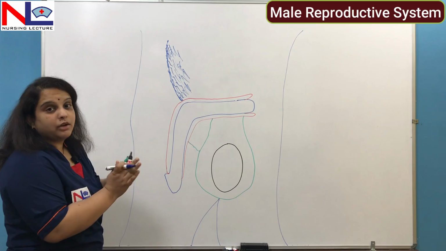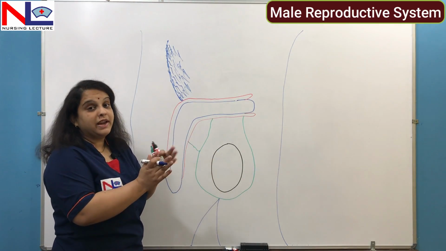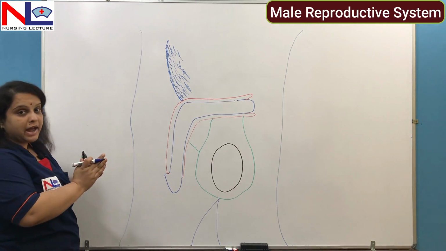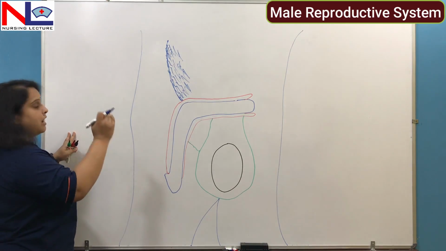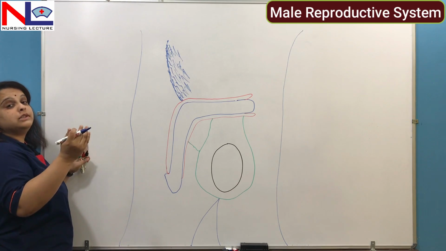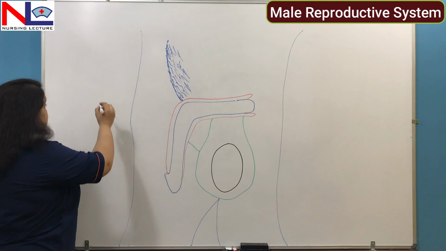The testis is an oval shaped structure that lies within the scrotum, weighing about 10 to 15 gram. It is a paired male gonad, and it has three linings, outer to inner. The outermost lining of the testis is called the tunica vaginalis.